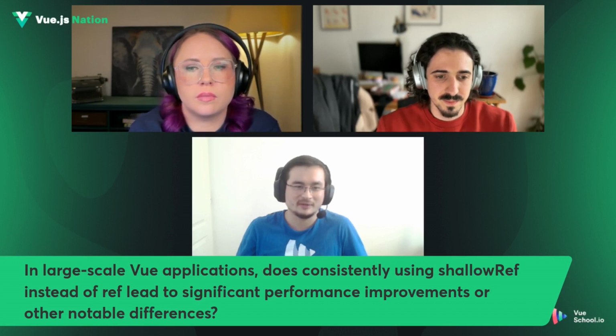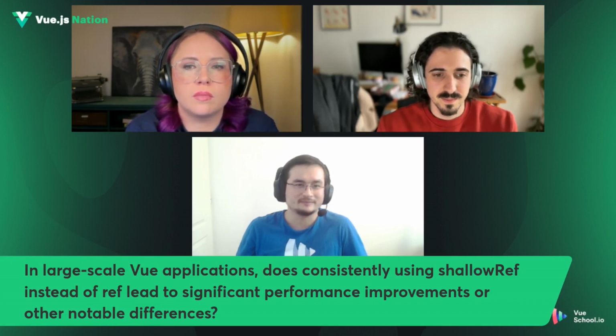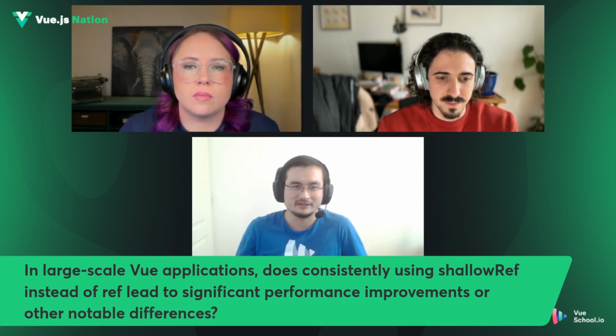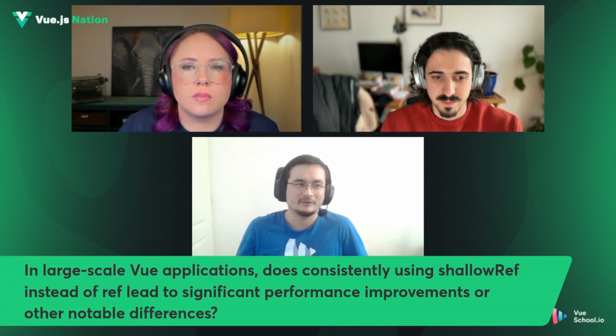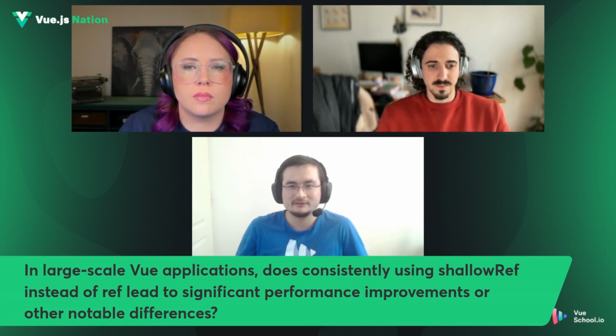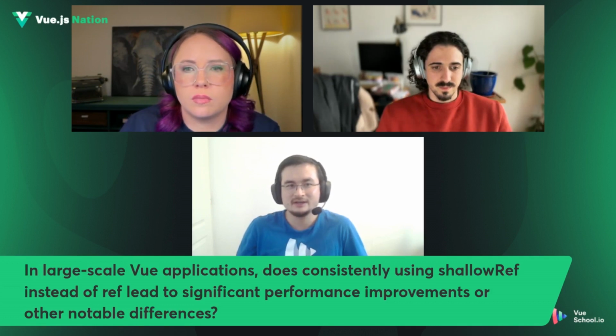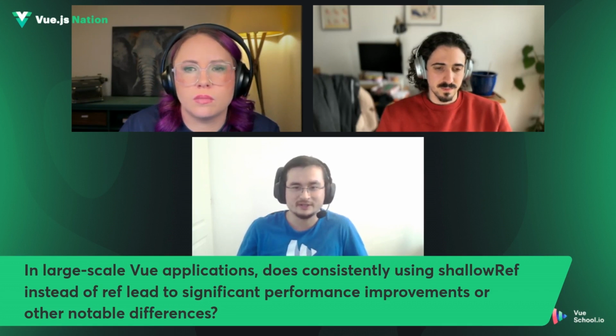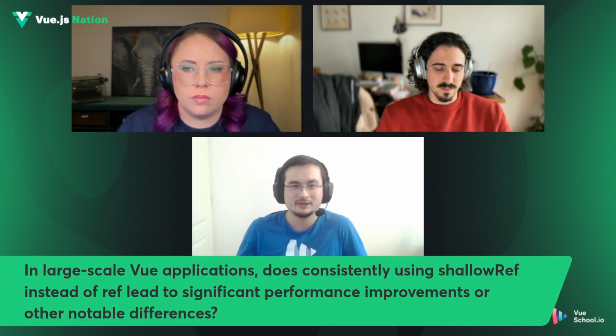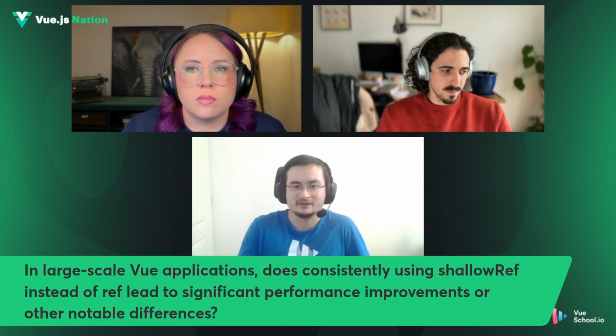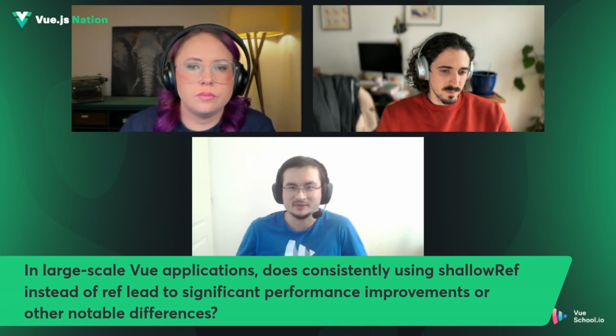So if you have a very, very big object, it can make a big difference. The way you use shallowRef is that instead of mutating a nested object inside your root object, you replace the entire value of the shallowRef by making an assignment, and that triggers the reactivity system at that point.